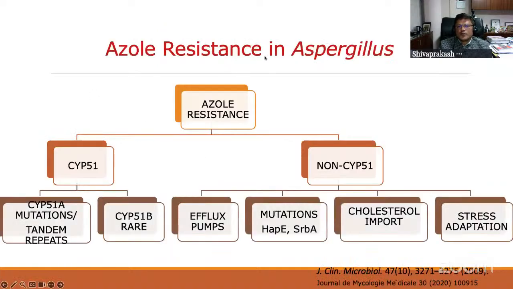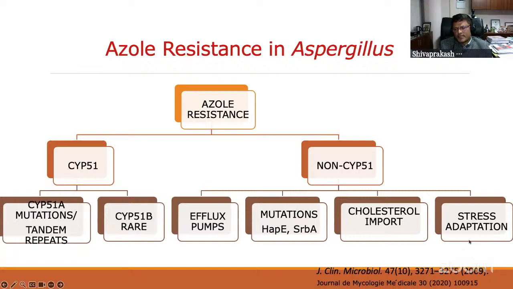Whereas in azole resistance in Aspergillus, as I already said, the main mutation is in CYP51A, and tandem repeats are also there. CYP51B is also there, especially in Aspergillus flavus, where we have shown CYP51B. Non-CYP mechanisms, as in Candida, include increased expression of efflux pumps, mutation in some other gene, and cholesterol import.